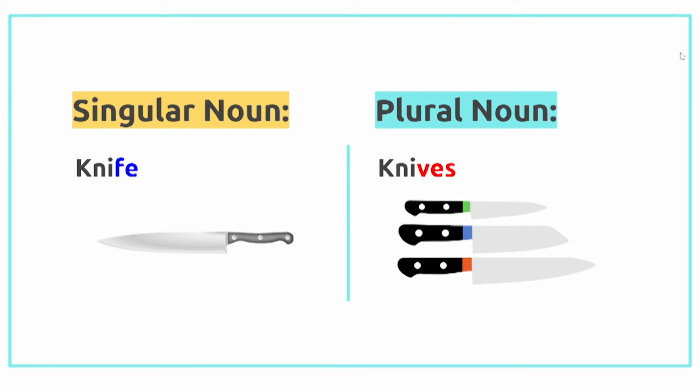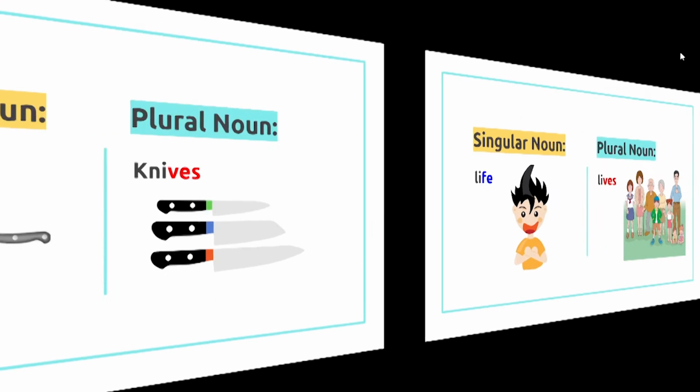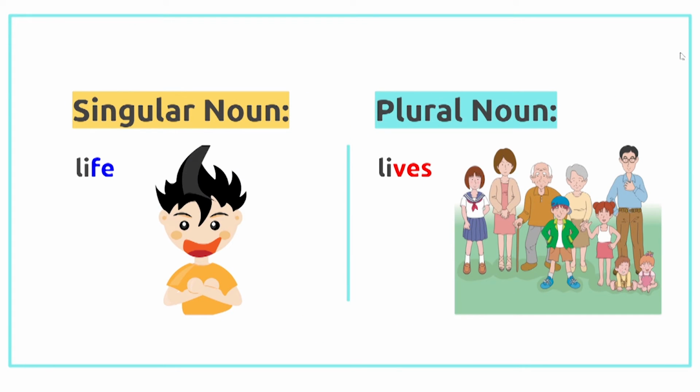If a word ends in FE, such as knife, we drop the FE, change it to VES, and say knives. Knife, referring to the singular, knives, referring to the plural. Another important word to remember on how to change it to the plural form is life.